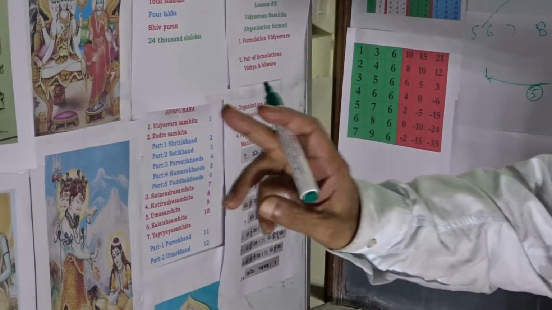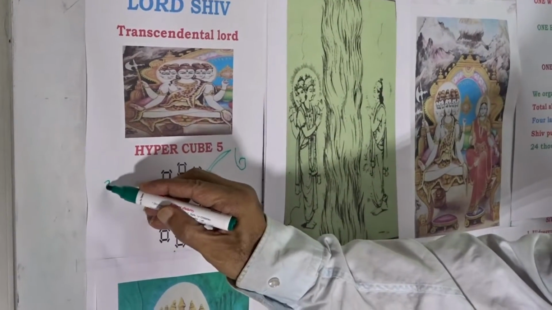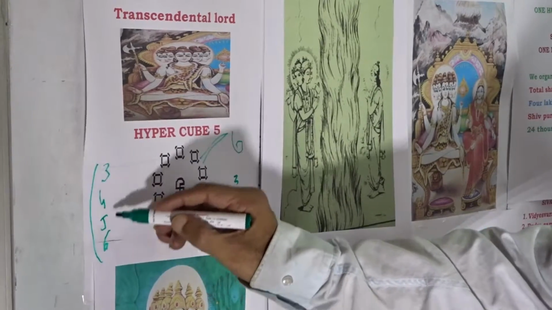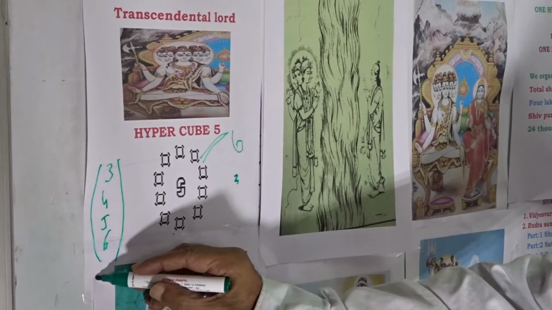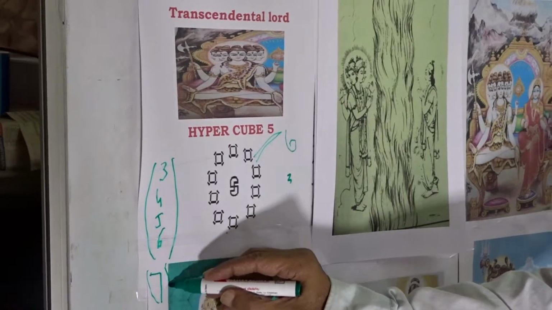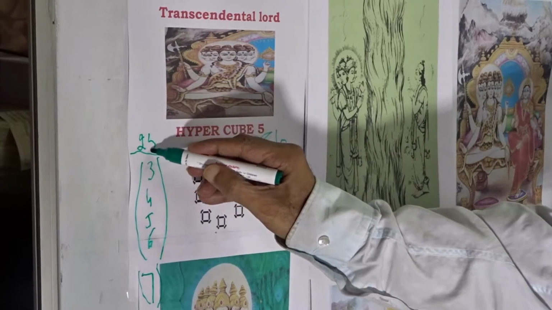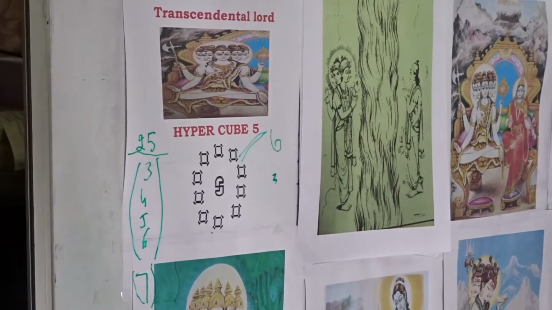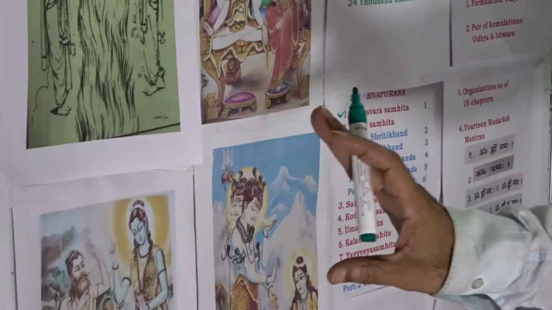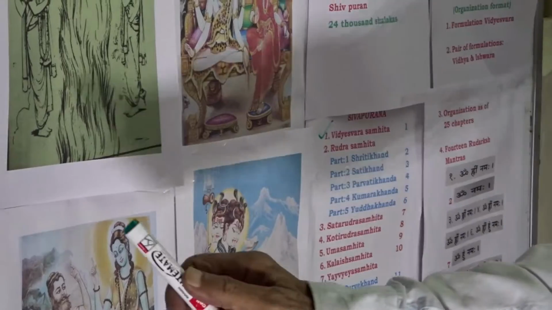We know that hypercube 5, the representative regular body of 5 space, is a fourfold manifestation layer, and when this fourfold manifestation layer transits and transforms into the transcendence range, it becomes of value 25. Videshwar Samhita is a scripture of 25 chapters. Shipron is a scripture of 7 Samhitas.